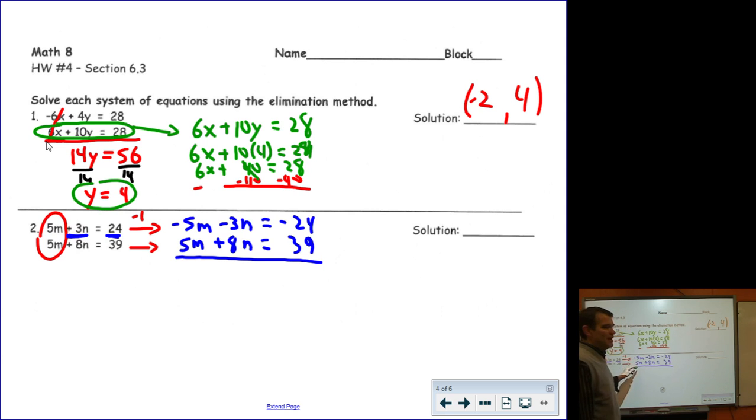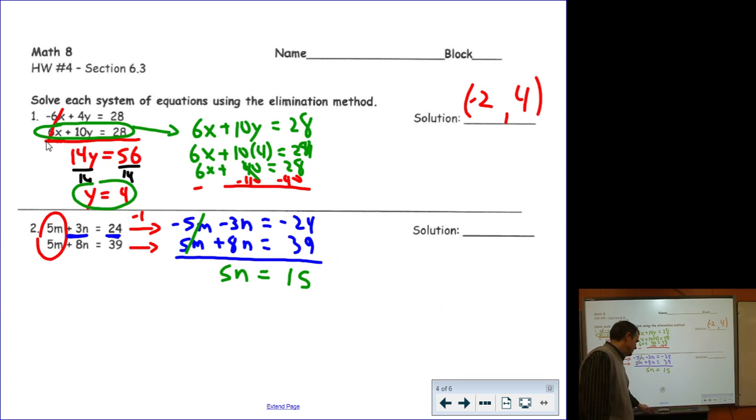The negative 5m and the positive 5m, when you add those together you get 0, or they just cancel out. The negative 3n and the positive 8n would be positive 5n. And negative 24 plus 39 is 15.